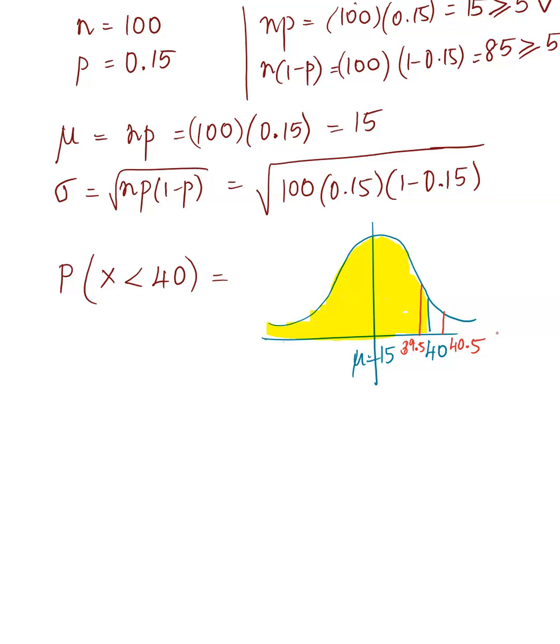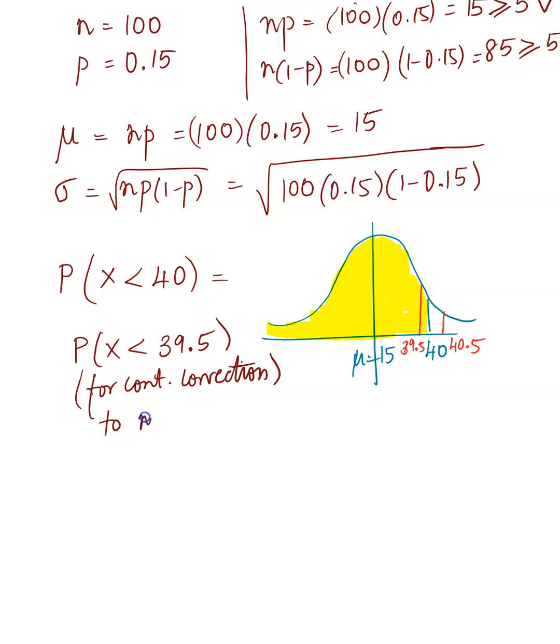So you want to go a little below 40, and you'll set it at P of X less than 39.5 for continuity correction. This is going to change the answer, so you have to be clear about what we're doing here, so that it does not include 40 due to the strict inequality.